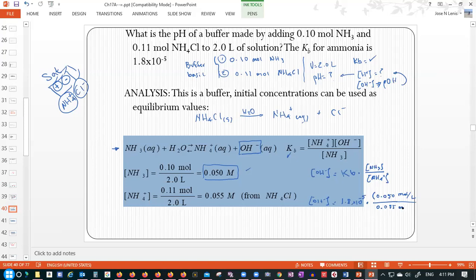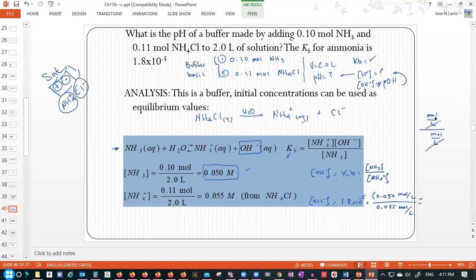moles per liter. So notice that in this ratio we have moles per liter over moles per liter, and it's 1 liter, right? So that's why these two cancel out.